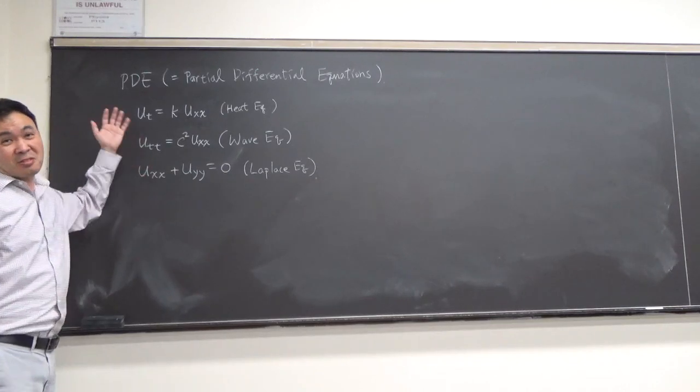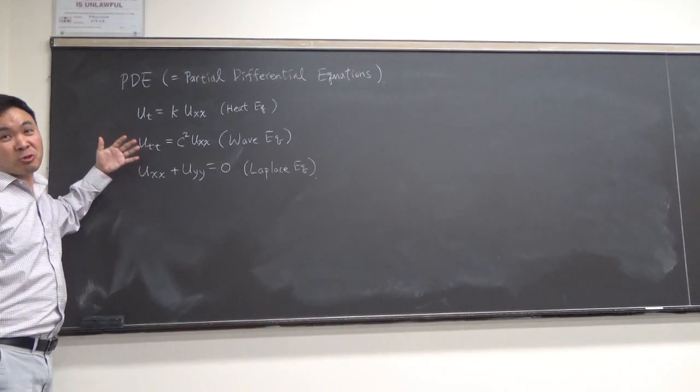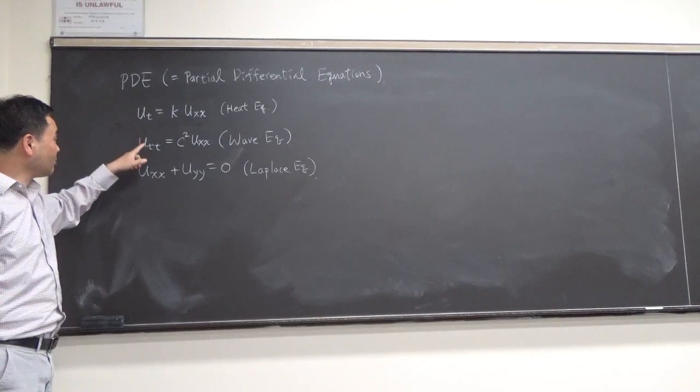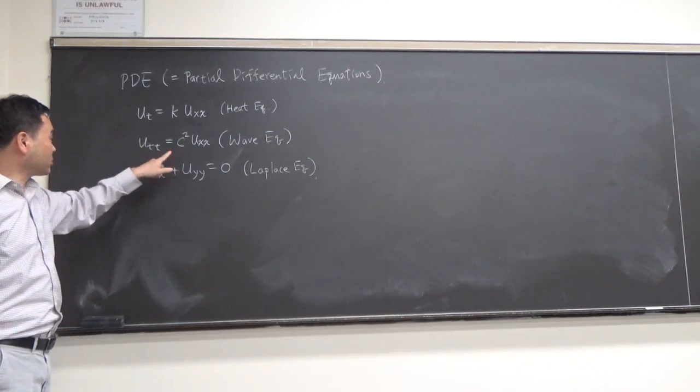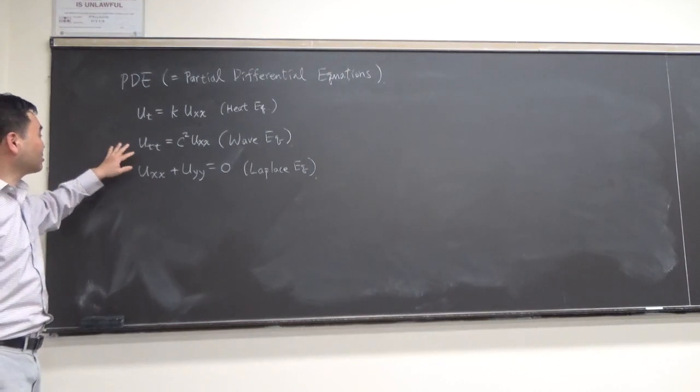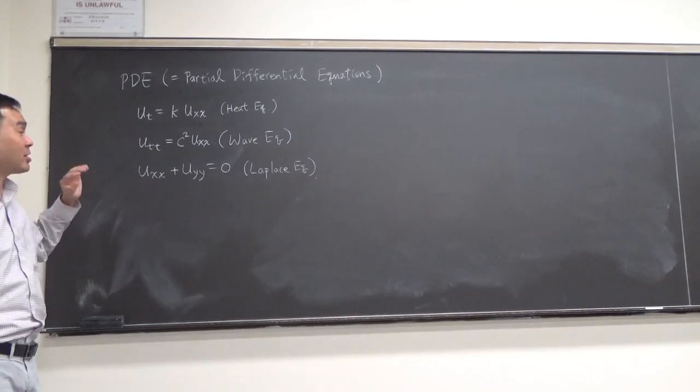These are like the simplest non-trivial differential equations you can think of, because these are second order. You can also do first order, but it's not that hard. The second order is where it starts getting serious.